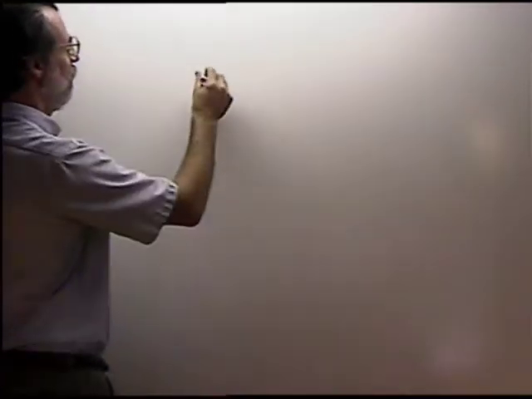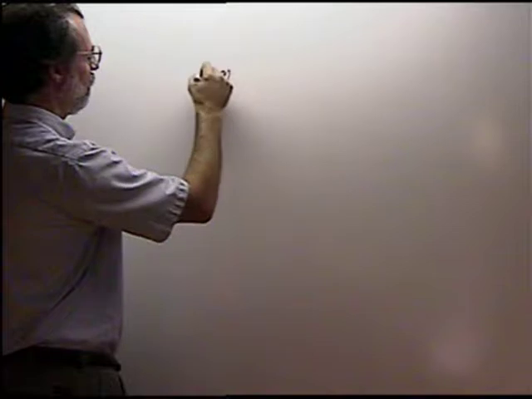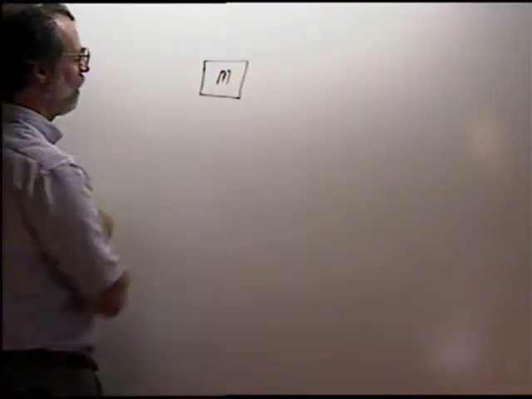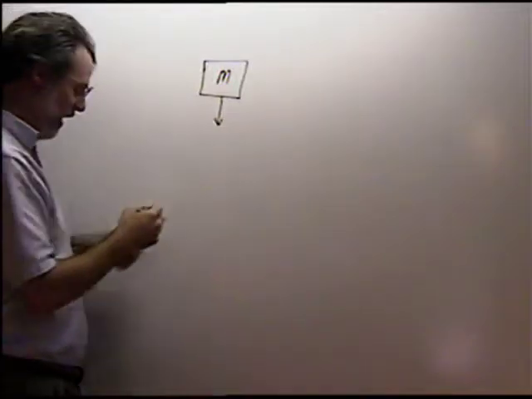One of the things we commonly deal with is weight. And weight is a force, but it's a force acting from gravity. So, if we have a certain mass, we know that the acceleration of gravity always acts down.